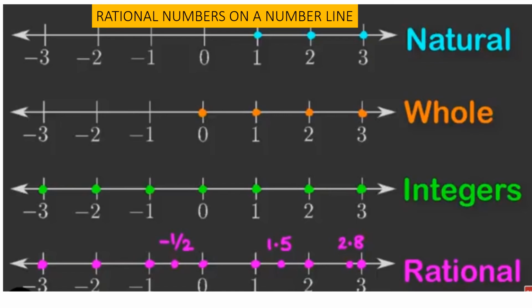Rational numbers can come at all these points and also in the middle of two integers. Therefore, negative 1 by 2 comes in the middle of 0 and negative 1. 1.5 comes in the middle of 1 and 2. 2.8 is very near to 3 and behind 3. Like that, we can give the position of rational numbers on the number line.